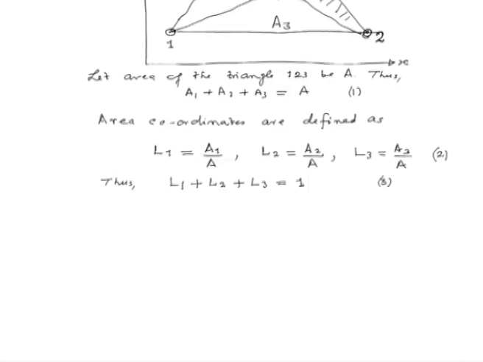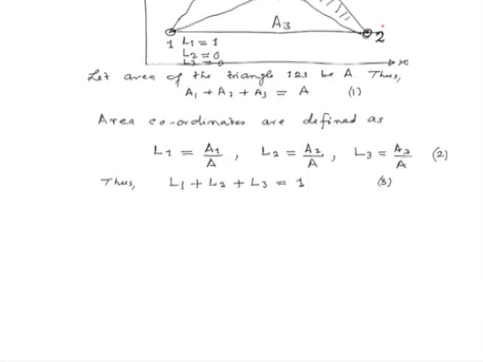Now, using these definitions, we can clearly put the coordinates of the three vertices. For vertex 1, the L1 coordinate would be 1, because when P lies at 1, A1 is the whole of the triangle. The L2 coordinate at 1 is 0, and similarly its L3 coordinate is also equal to 0.